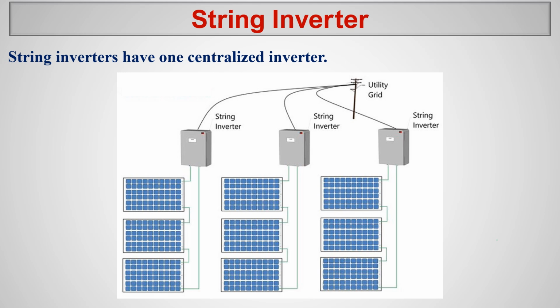The string inverter means each string is connected with a particular inverter. That's called a string inverter. If you look at this diagram, this is the first string inverter. It is connected to a particular section of the string here, and another string here, and another one here. So this is a string inverter.